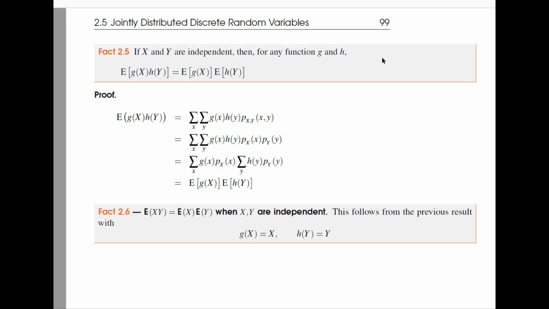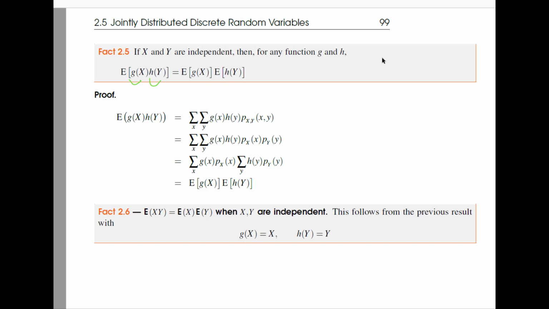Now, let me define these two facts before we talk about covariance. It turns out when you have two independent random variables, x and y in this case, the expected value of the product of two functions of x and y, so g of x times h of y, is going to be the expected value of one times the expected value of the other.